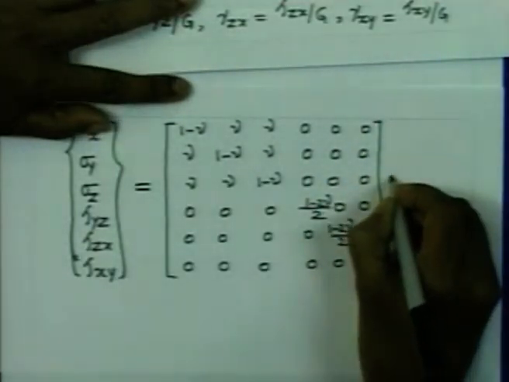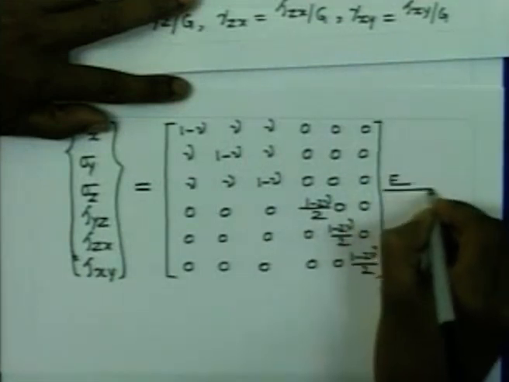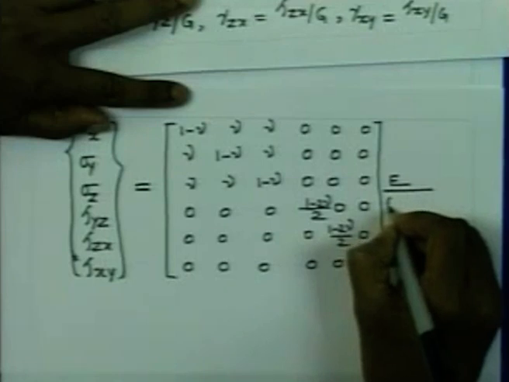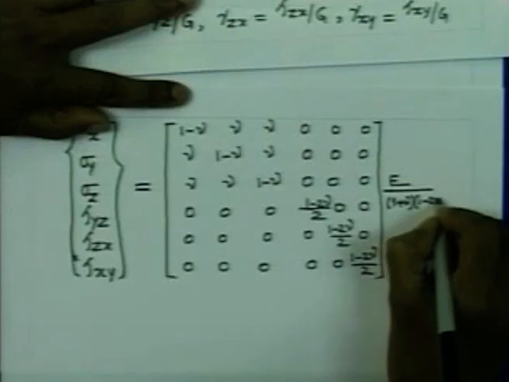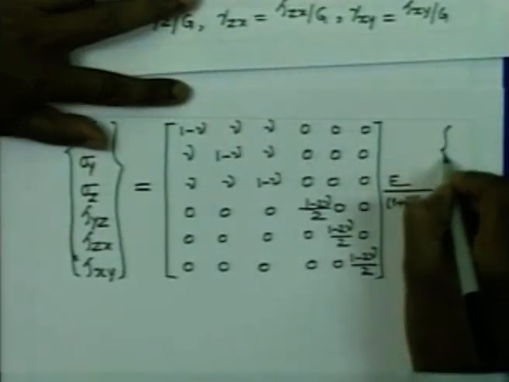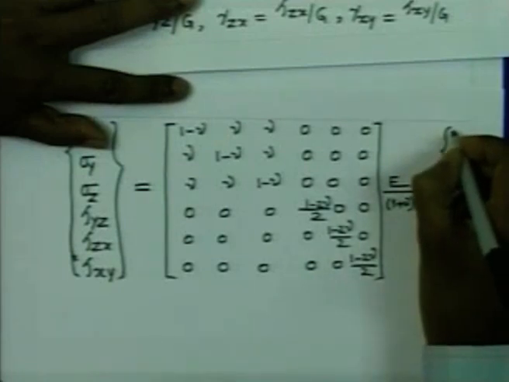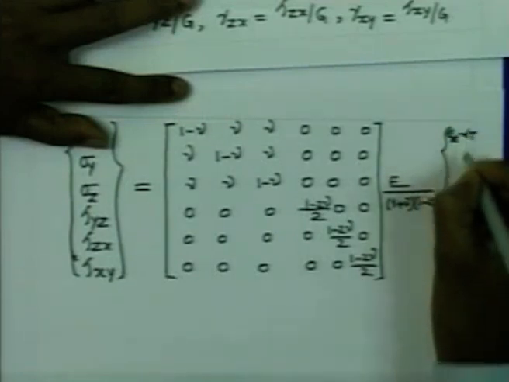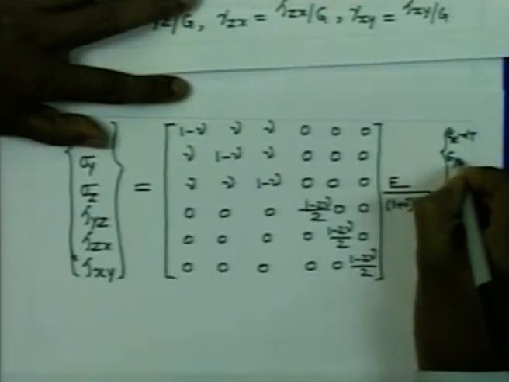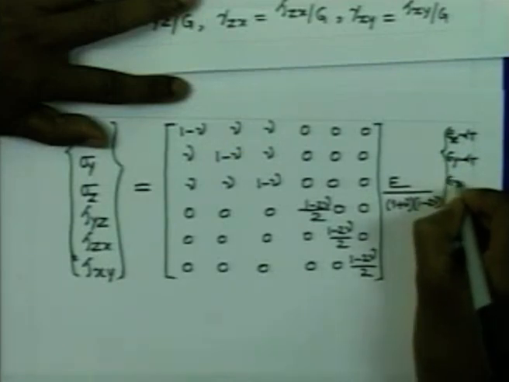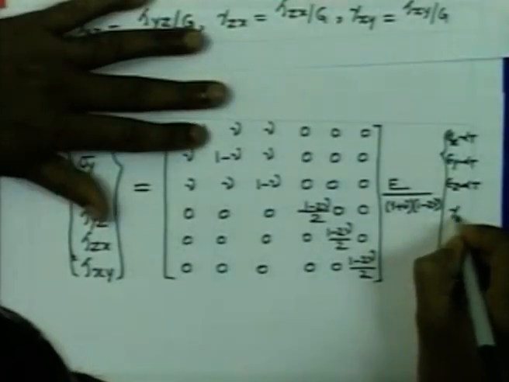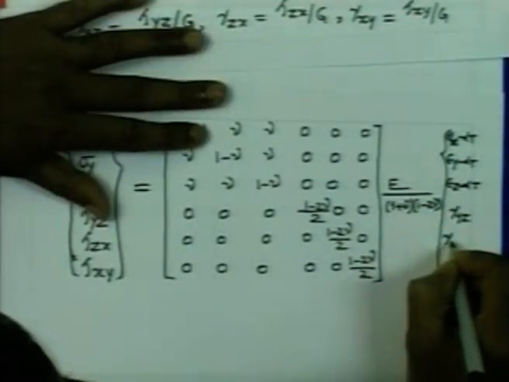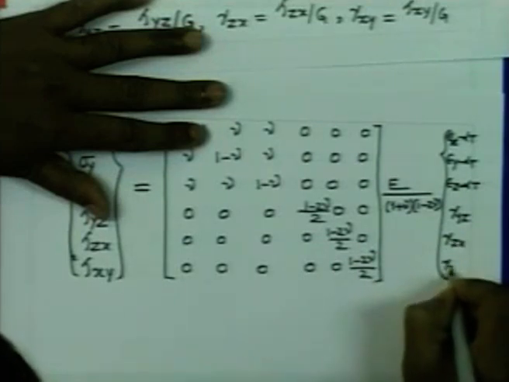Then we have the common multiplier E by 1 plus nu into 1 minus 2 nu multiplied by epsilon x minus alpha t, epsilon y minus alpha t, epsilon z minus alpha t, and this is gamma yz, gamma zx, gamma xy.